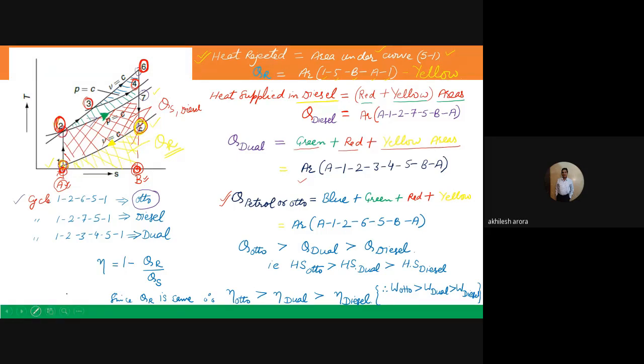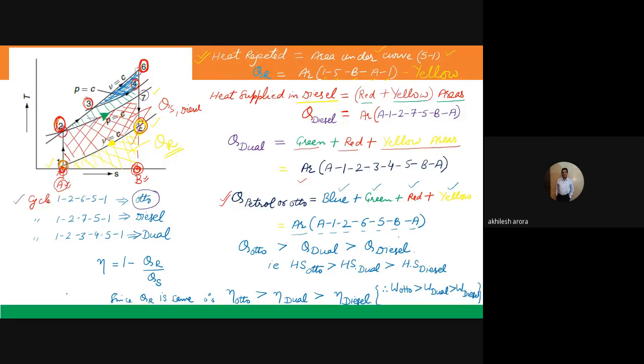So this part is the heat supply in case of Otto cycle, which is additional to the area of the dual cycle. So what is the heat supply? It is blue area plus green area plus red area plus yellow area, and this can be represented as area A to 1 to 2 to 6 to 5 to B to A. So this encloses the whole area under the line 2 to 6.